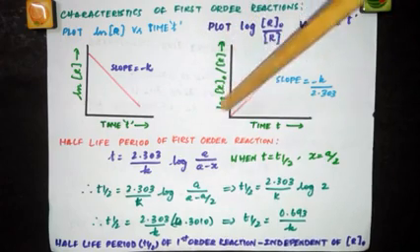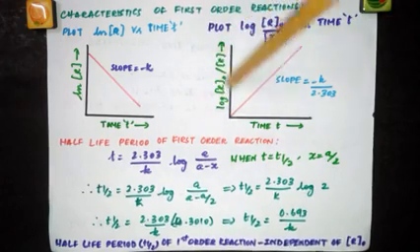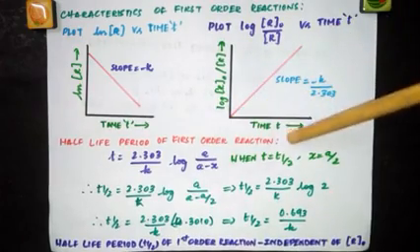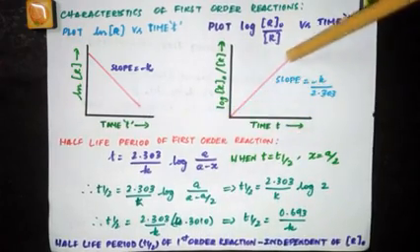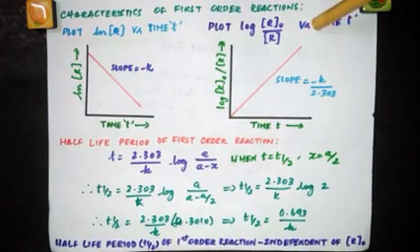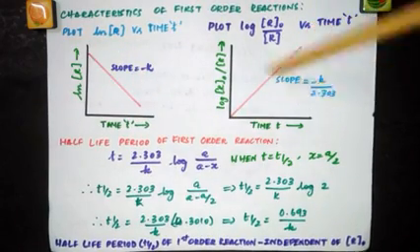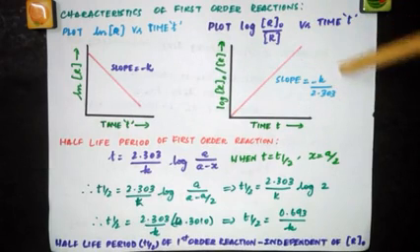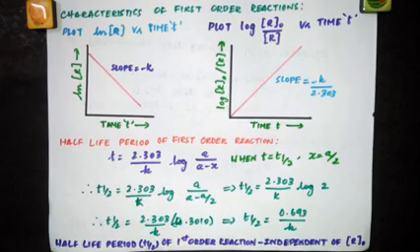See, on the y-axis, log R naught by R values are taken, and on the x-axis, time is taken. Again, you are getting a straight line like this. And the slope of this plot gives you k by 2.303. So these are the two graphs we draw for a first order reaction. And the slope of these graphs gives you the value of k.